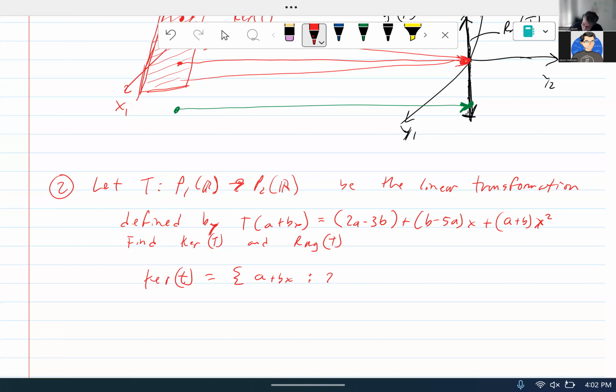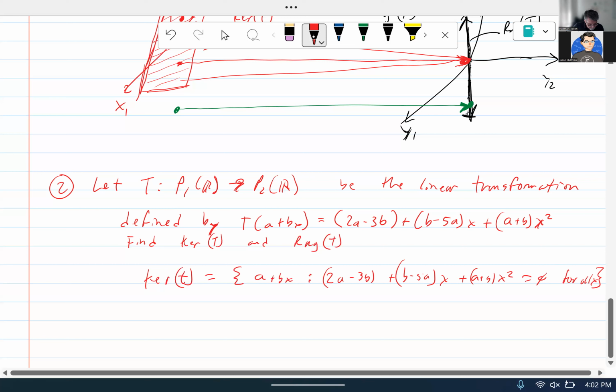I get 2A minus 3B plus B minus 5A X plus A plus B X squared is equal to 0, for all X.